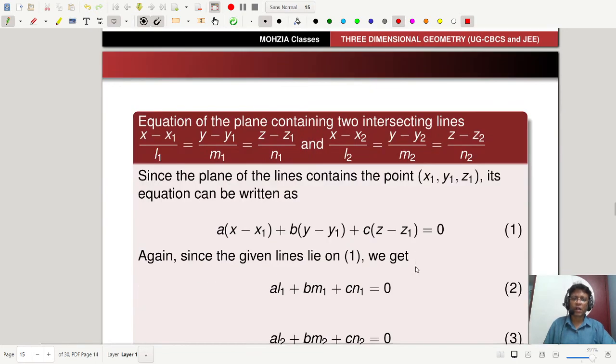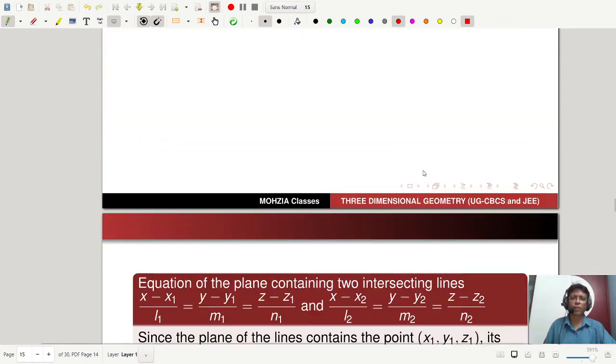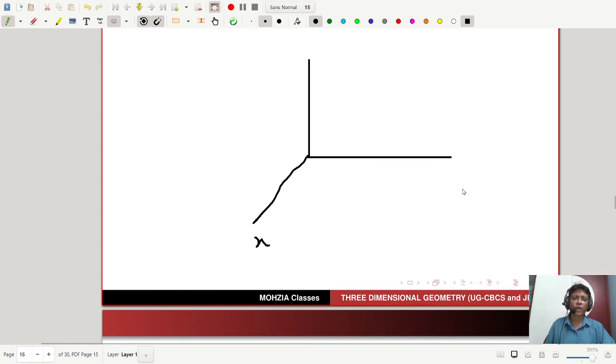Now, next is, what is the equation of the plane containing two intersecting lines? That means if two non-parallel lines intersect, they must lie on a plane, otherwise they can't intersect. Suppose I draw a three-dimensional Cartesian axis, so this is your xy plane, right?